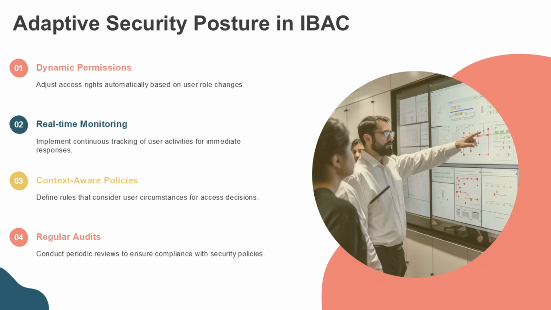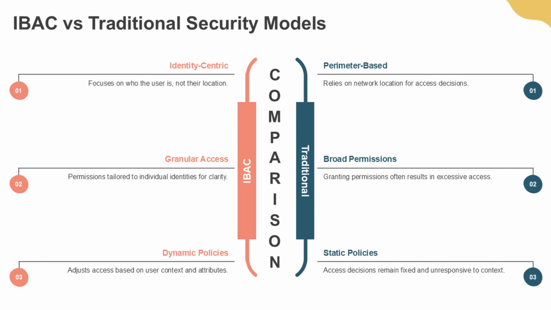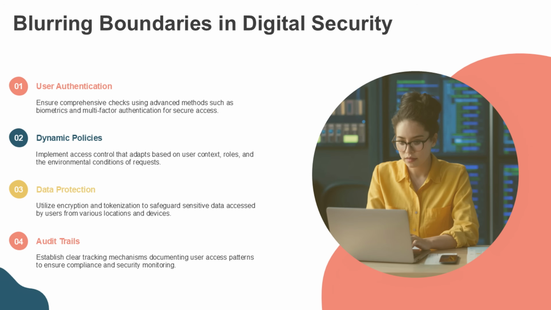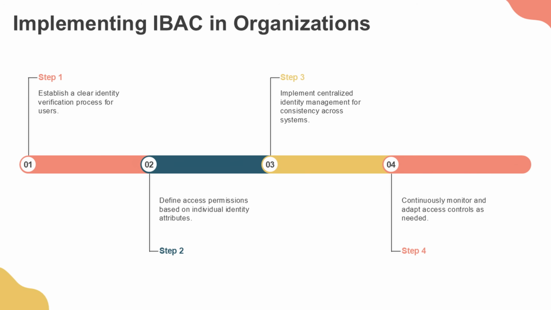In contemporary security frameworks such as Zero Trust, IBAC serves as a foundational element. Rather than assuming trust based on network location, these architectures verify identity for each access request before granting permissions.